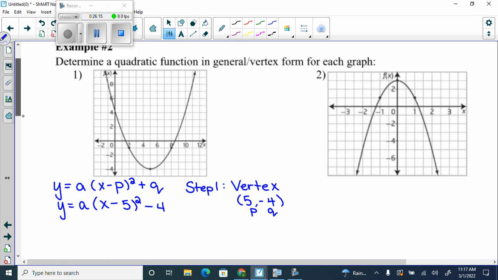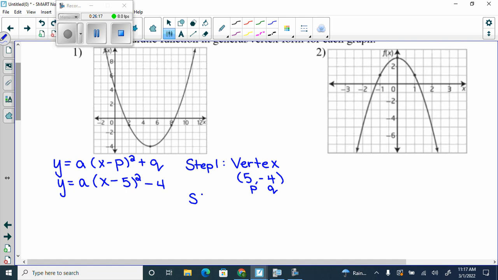Step 2 is put in an x and y. Put in a coordinate. Often one coordinate is bolded. I will go to that. If there isn't a bolded one, then I will pick something else. Well, there's 2 bolded ones. Okay, I'm going to pick this one. You could pick this one, it'll get you the same answer. But I'm going to pick this bolded one, which is at 2 and -1.